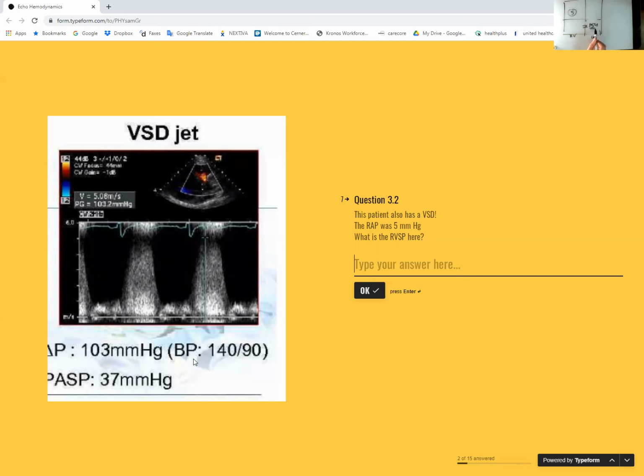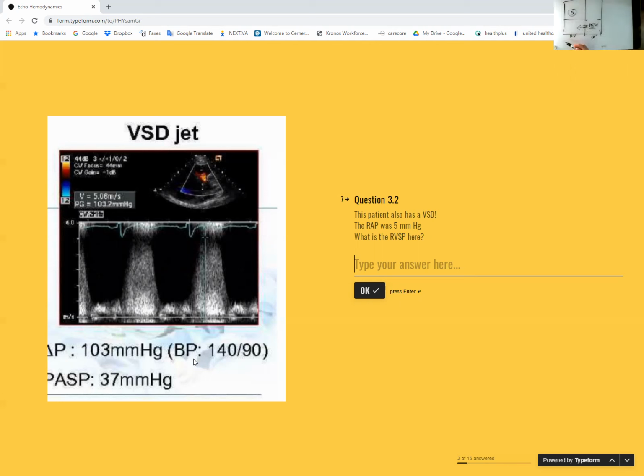So it's 154, the LVSP, minus the VSD jet, which is 103. Yes.